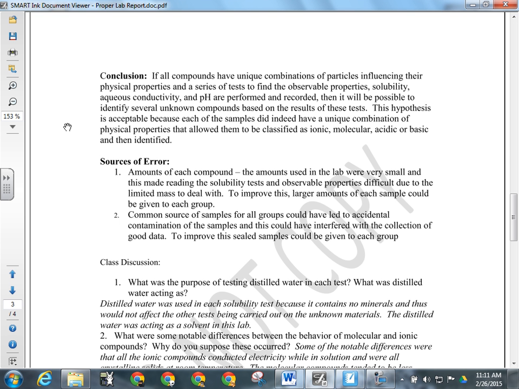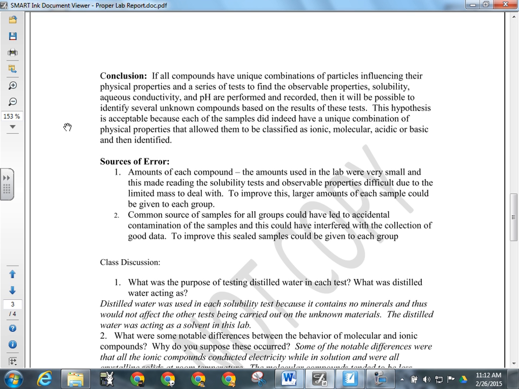Okay, those are human error. If you tell me you didn't do it again. All right, that's a correctable error. So it should not be a source of error because you're going to correct it. Okay, sources of error are things that you were told to do, but you found made the lab difficult. Biggest thing, tiny samples. All right, is it difficult to do all of those tests in that tiny little depression?